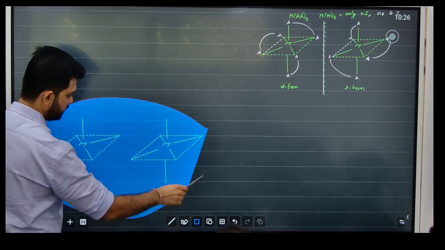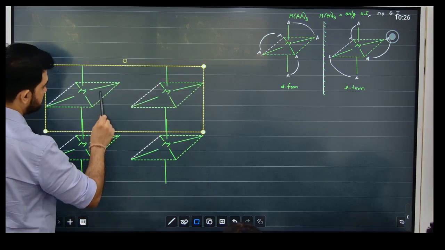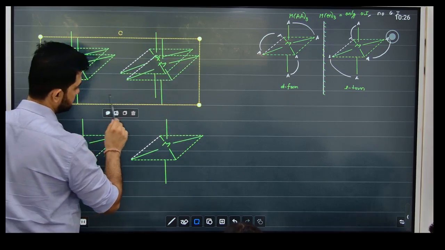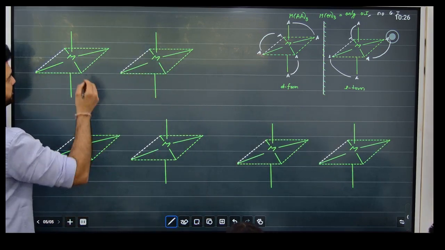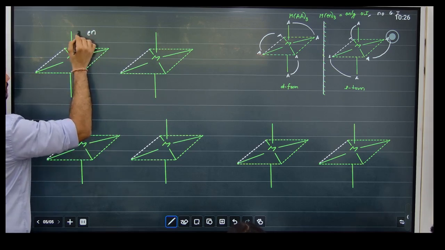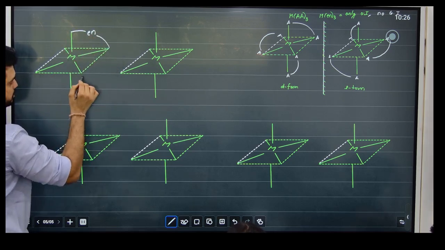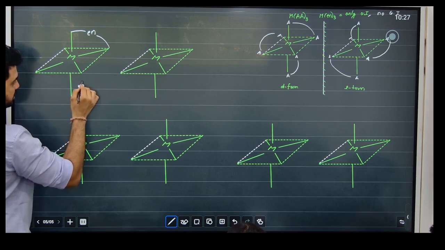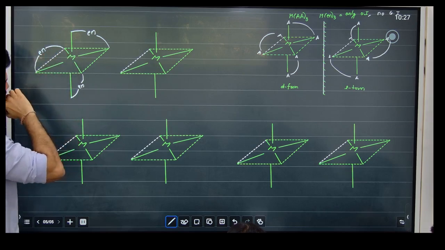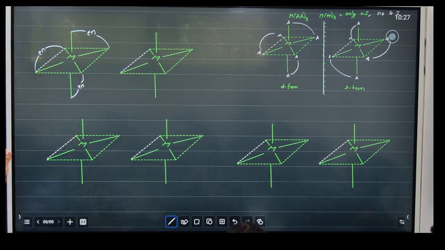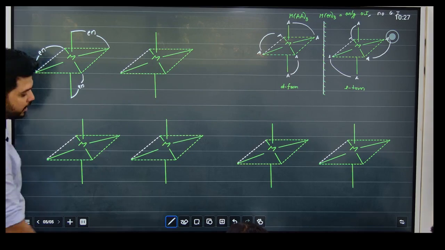Ethylene diamine. एक easy way में you can simply write EN and you can simply show it like this. Getting that? And you can make its optical isomer.